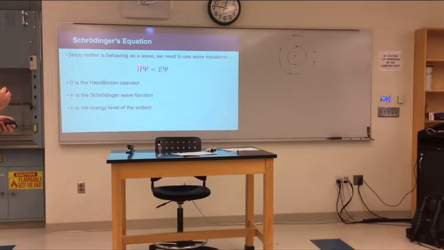So this Hamiltonian itself is not necessarily set in quantum mechanics. It's a different classical way of treating energy. This psi here is the Schrodinger wave equation. E is the energy level of the system.